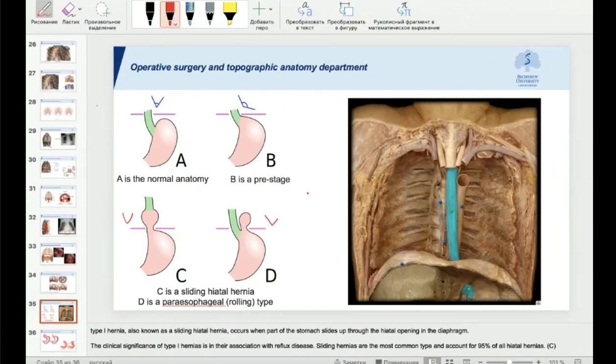So, why does this disease happen? Are you here?